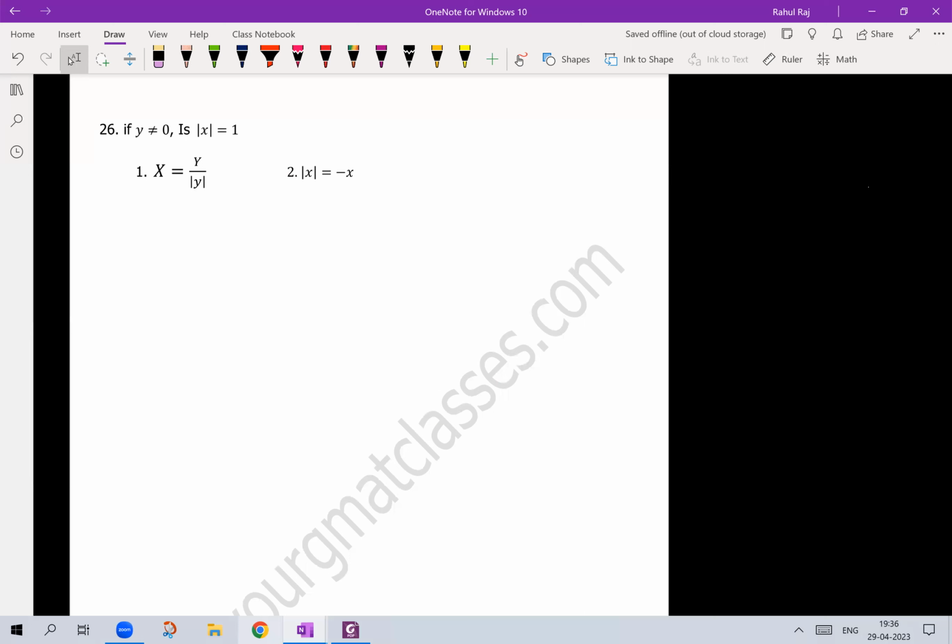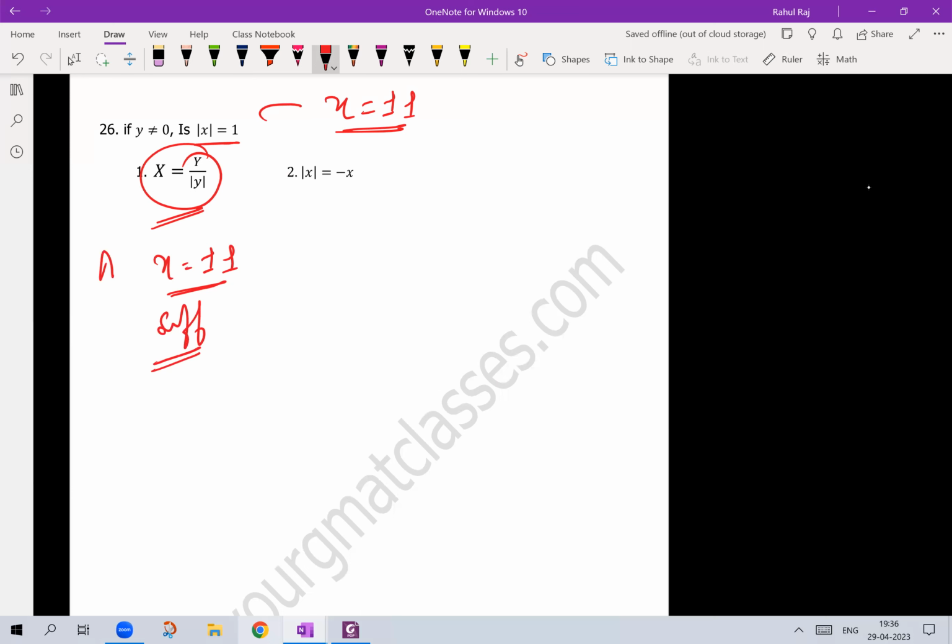Option number 1 says what? Mod x is equal to 1 means what? Does x is equal to plus or minus 1? This is my question. Take any value of y, it does not matter at all. x will be equal to either plus 1 or minus 1. Sufficient. Mod x is equal to negative x. It means x is negative. It may be minus 1, it may not be minus 1. My question is what? Is x equal to plus or minus 1? So it is a straightforward answer. Anyone, any doubt?